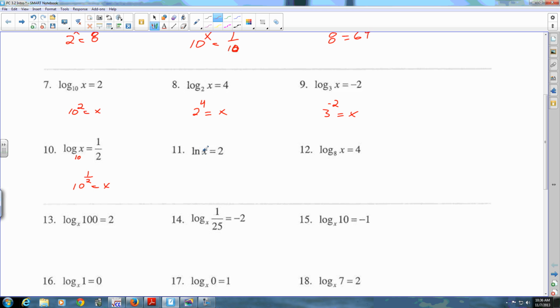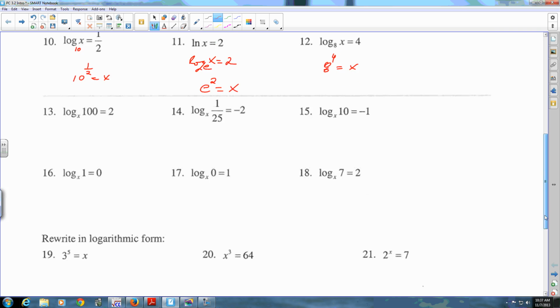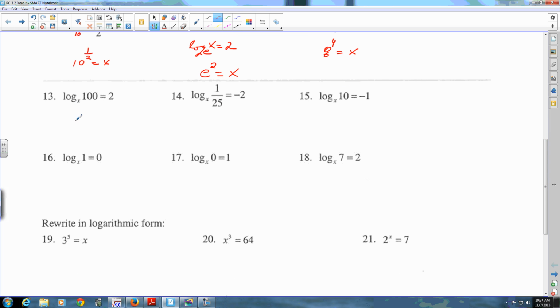The base, it's an ln, so if you need to write that intermediate translation, log base e of x is 2, then it's e squared is equal to x. This would be 8 to the 4th is equal to x. And this third set of translations here is going to be x squared is equal to 100.